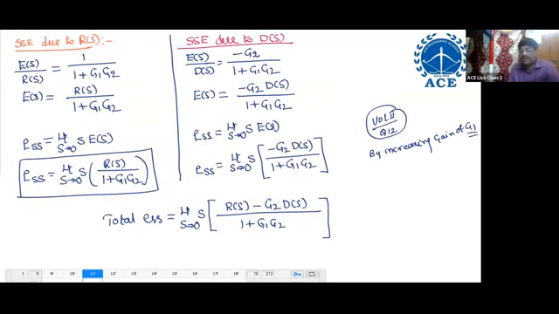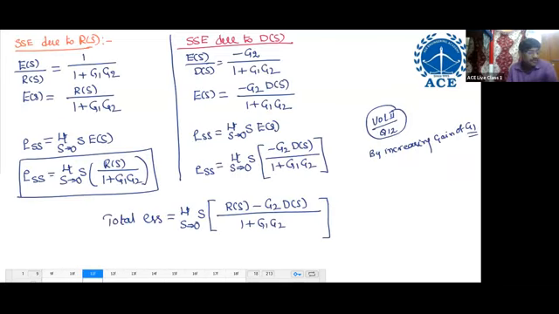Complete, and this is the total steady state error. Next, note down one problem.